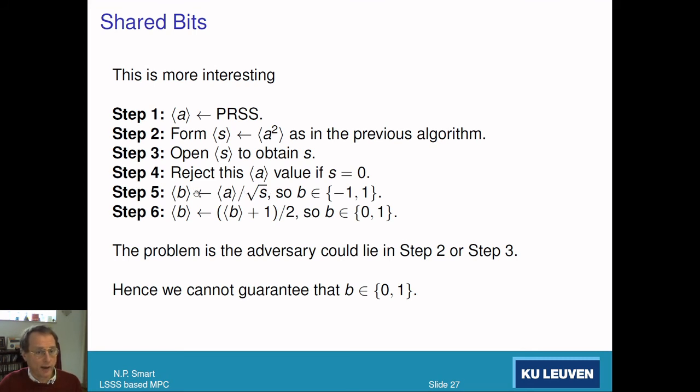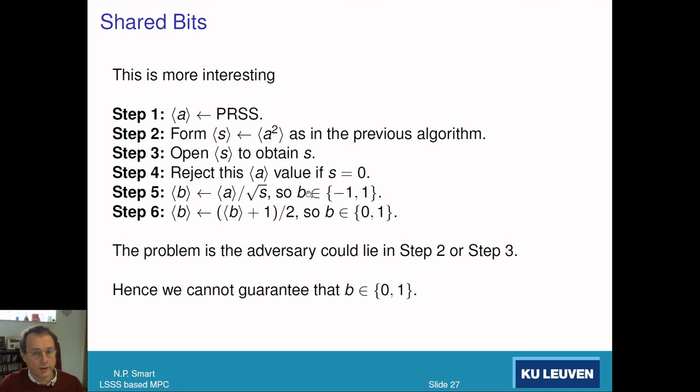So now if we divide the secret shared value A by this square root of S, the value we get out is minus 1 or 1, but because we don't know A, we don't know which. But notice this operation is a linear operation: it takes a secret shared value and divides it by a known constant.